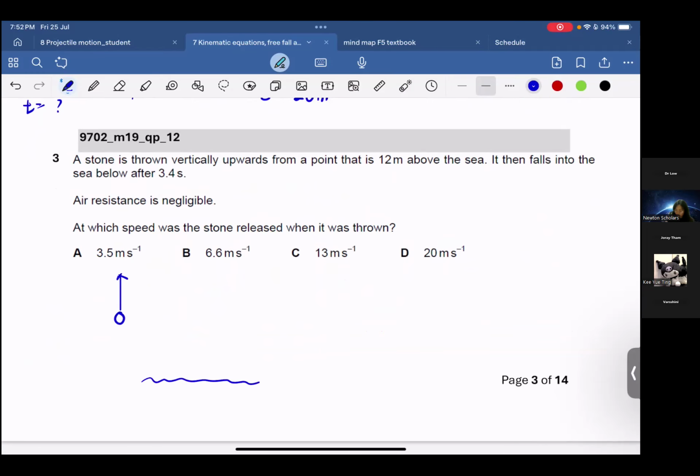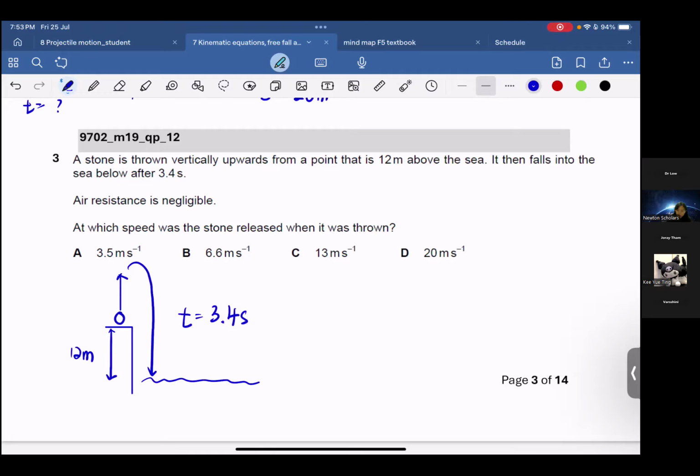That means here there is a sea, and we throw somewhere here above the sea. So here to here is 12 meter. It then falls into the sea, falling down until here. Total time is 3.4 seconds. Air resistance we ignore.